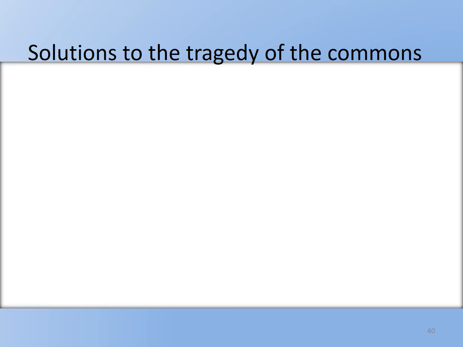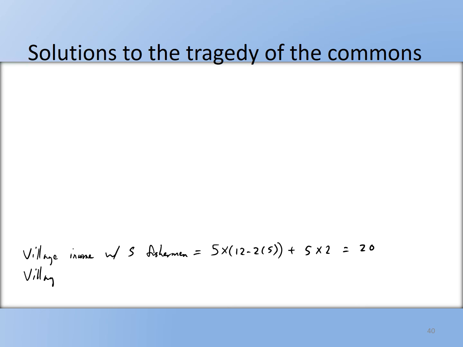Village income with 5 fishermen equals, now there are 5 of them, each of them earning 12 minus 2, times 5, plus the remaining 5 earning $2 each. Actually, you know that in equilibrium, both types earn $2, so in total, you have $20. Okay.